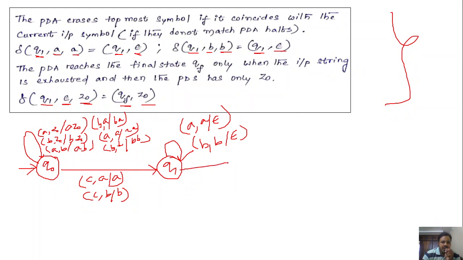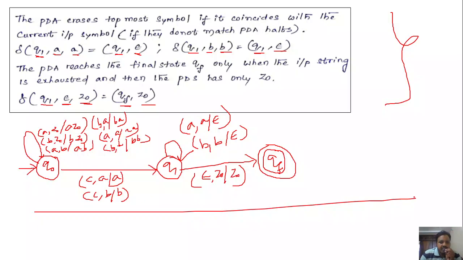Okay. And the moment when we get epsilon as an input and top of the stack is Z naught, we are going to push Z naught itself and we are going to the final state QF.